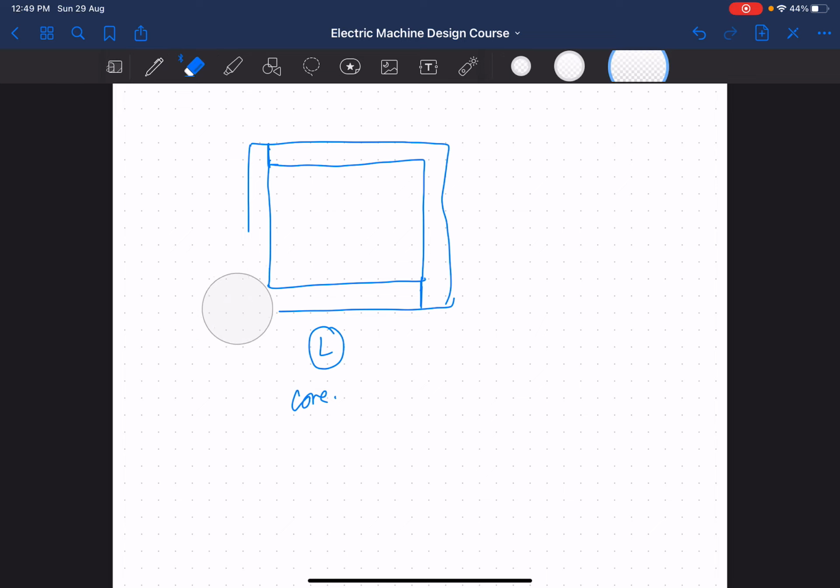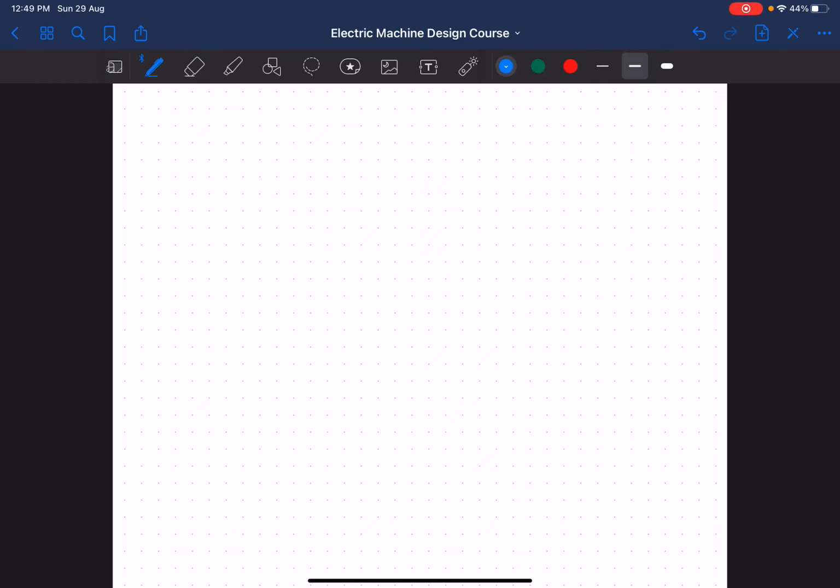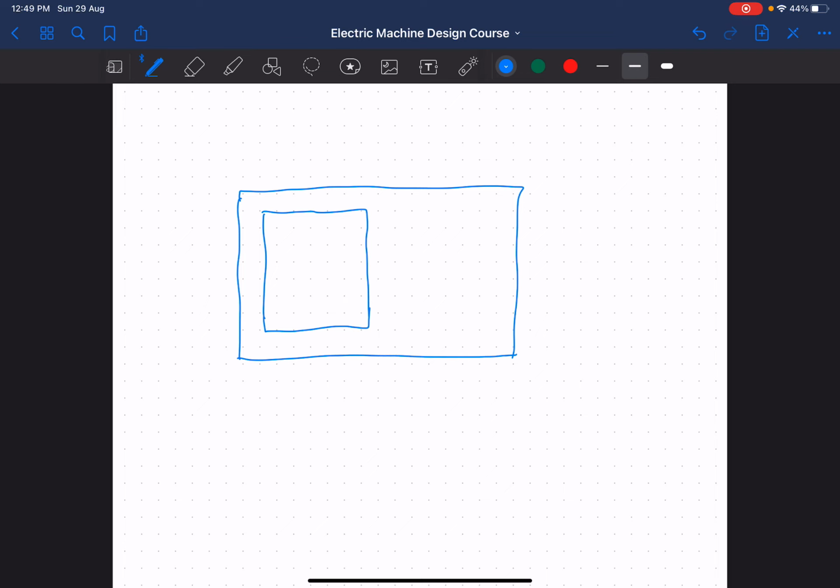And the next type is the shell type core, the core of the shell type transformer. It is like this. You have this break here.